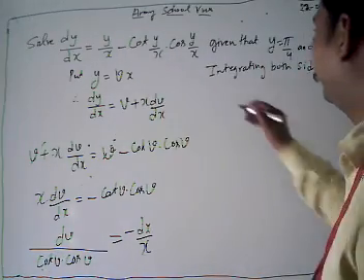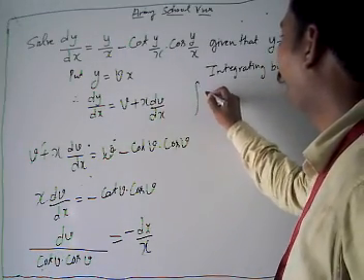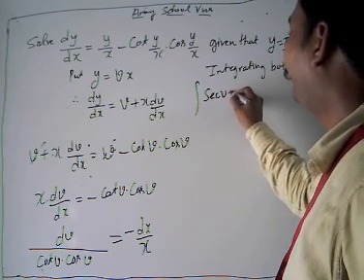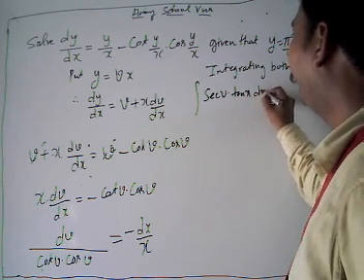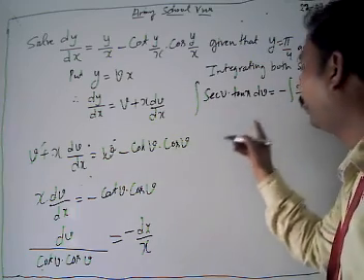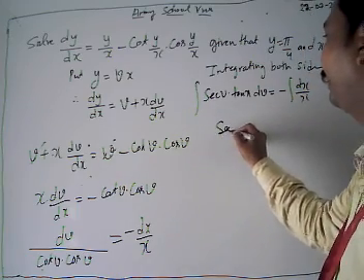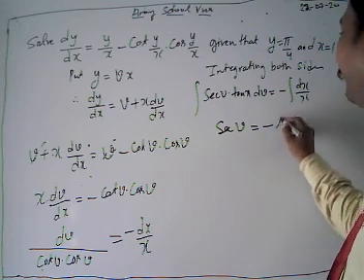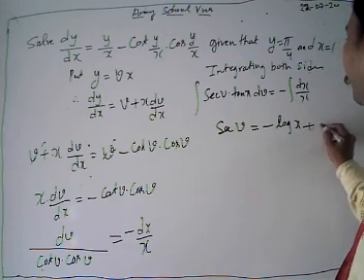Then integration of sec v into tan v dv equals minus integration of dx by x. Now what do we get? We get sec v, and here we get minus log x plus c.